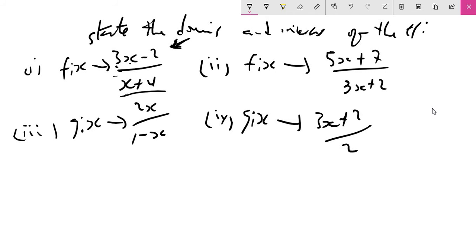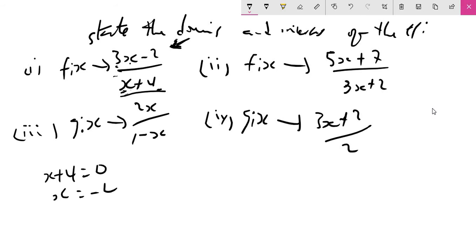They want you to find all possible values of x that can be substituted into the function to obtain a real number. Now we see that there is a fraction there, and x is part of the fraction. So first of all, we look for the value that will make the denominator 0. And know that when the denominator is 0, the function becomes undefined. So when we define the domain, we exclude that value. So x plus 4, we try to find the value of x that will make the denominator equal to 0.